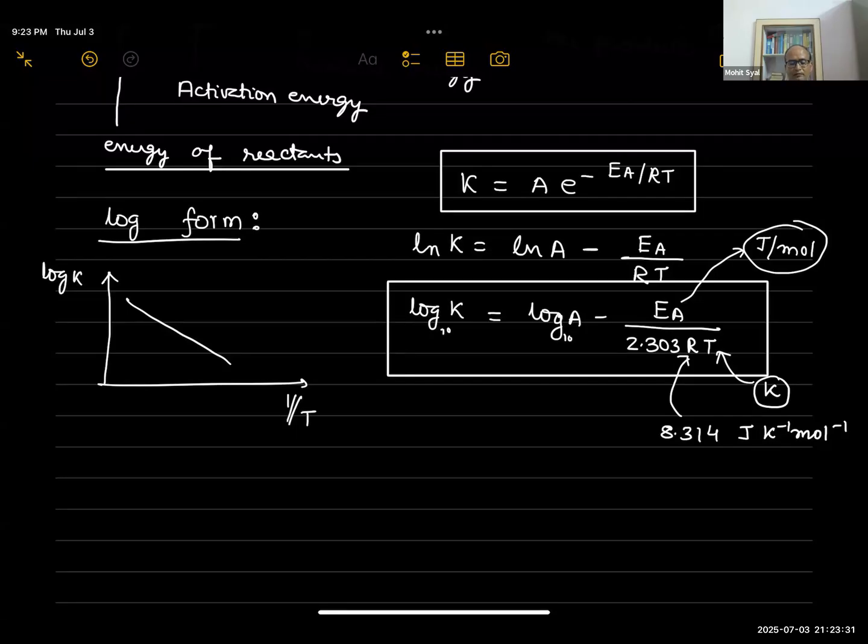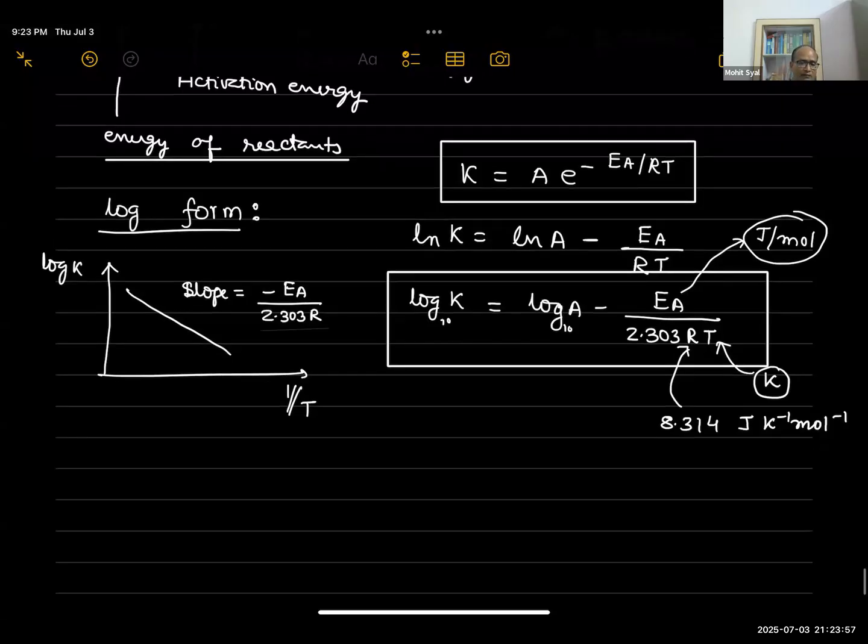What is the slope? This is a straight line.